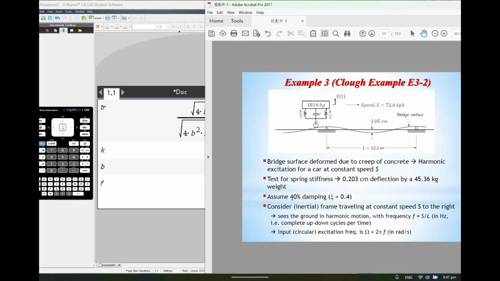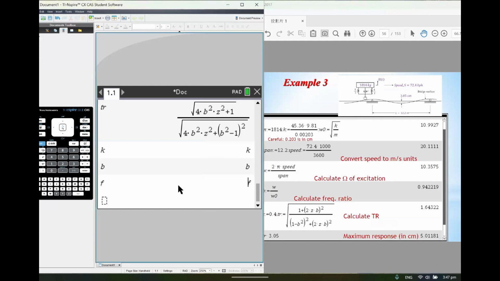And we have 40% damping here. We also have the stiffness of the spring given indirectly by a static test. So you cause this much deflection when you apply this much weight. So the spring constant is easily determined. So we can go to our calculator.